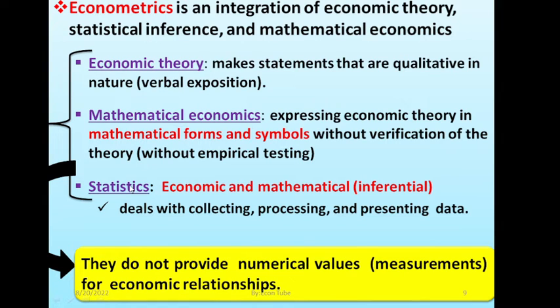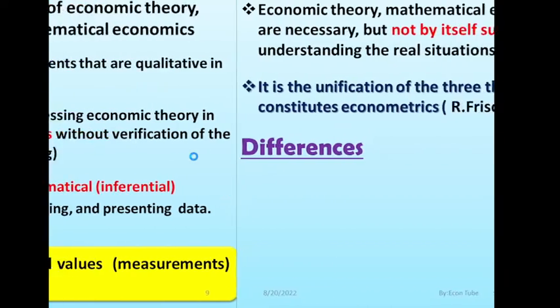All those three branches, economic theory, mathematical economics, and statistics, do not provide numerical values or measurements for economic relationships. Theory says something in verbal form. Maths adds some symbol or formula for that relationship. Statistics gives data, but it cannot get exactly the value of the coefficient or parameter for individual variables in the form of measurement.